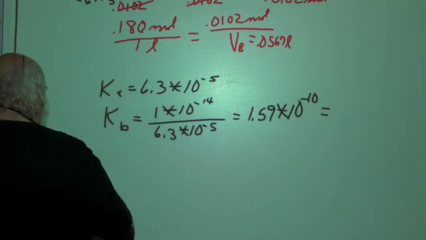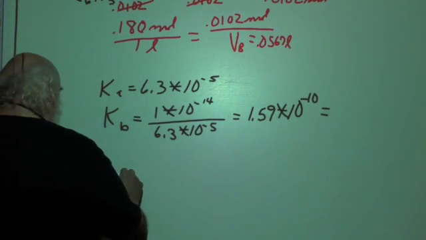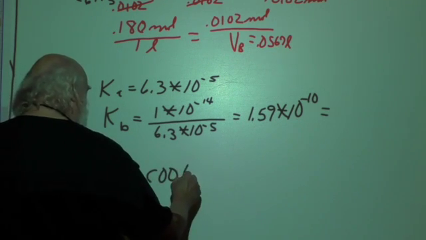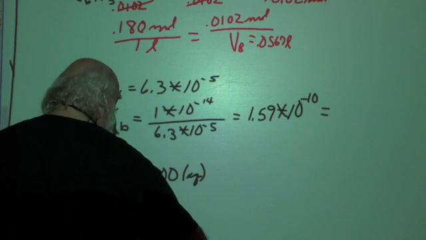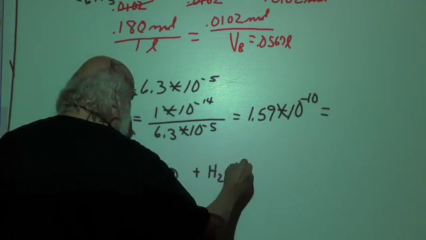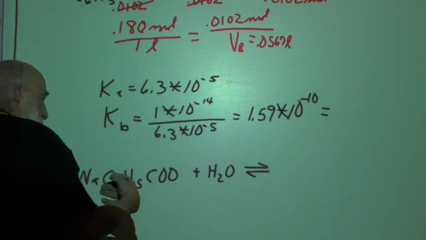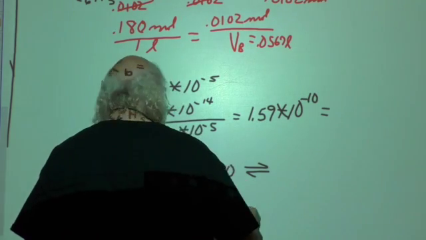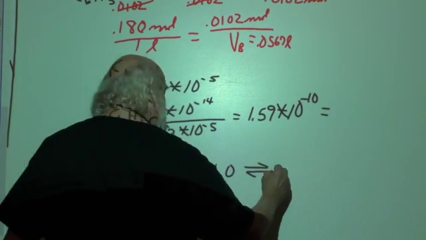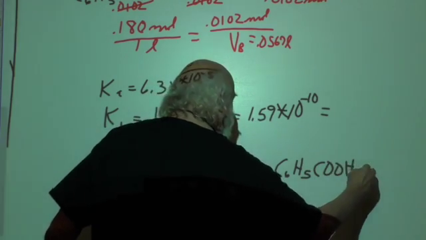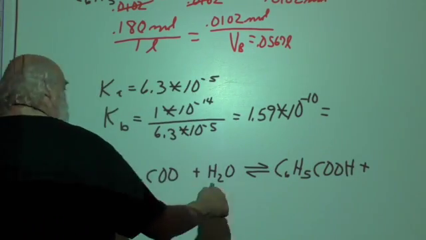Sodium benzoate, again, I'm going to add water to that, but this is going to be weak because there's nothing strong pushing it, and they're going to get the original components back, which is going to be C6H5COOH plus NaOH.